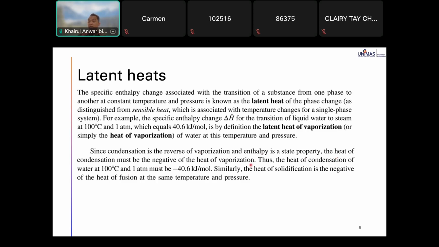So although in table B1 you can only see delta HV, the heat of vaporization, the heat of condensation is the same value but with a negative sign. In this case, the heat of condensation of water at 100 degrees C and 1 atm is equal to negative 40.6 kilojoule per mole.